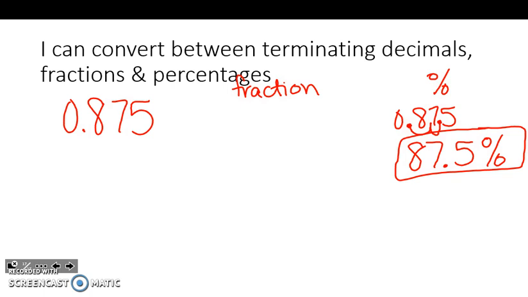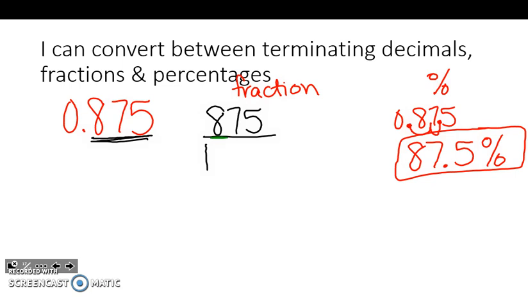All right, now to turn that decimal into a fraction, let's first get our fraction bar. The first thing you're going to do is take the digits after the decimal, so the 875, and those go on top of your fraction bar. And then if it's a terminating decimal, which means it ends, we're going to put it over, always start with a 1, and then you're going to add as many zeros as you have numbers on top.